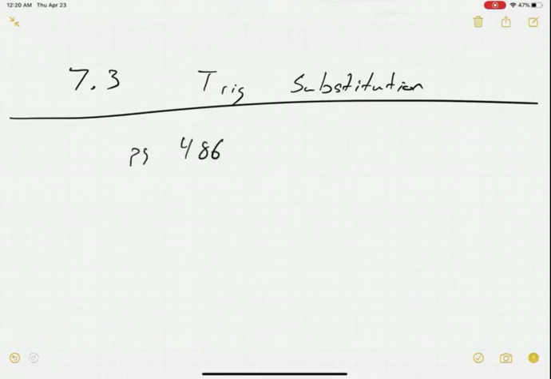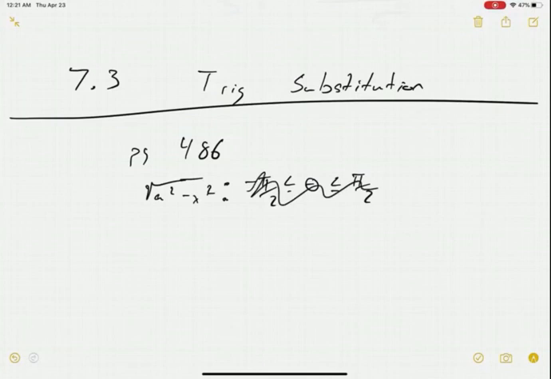I wouldn't worry too much about the boundaries for theta. We have these inequalities for theta. For example, when I'm doing the a squared minus x squared substitution, it's for theta between -pi/2 and pi/2. I wouldn't worry about that too much. That's a little technical detail that is not really going to come up in your problems.